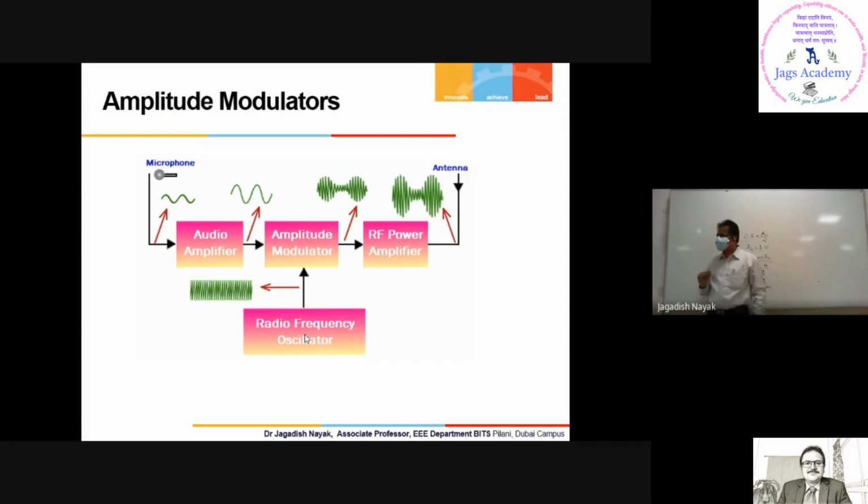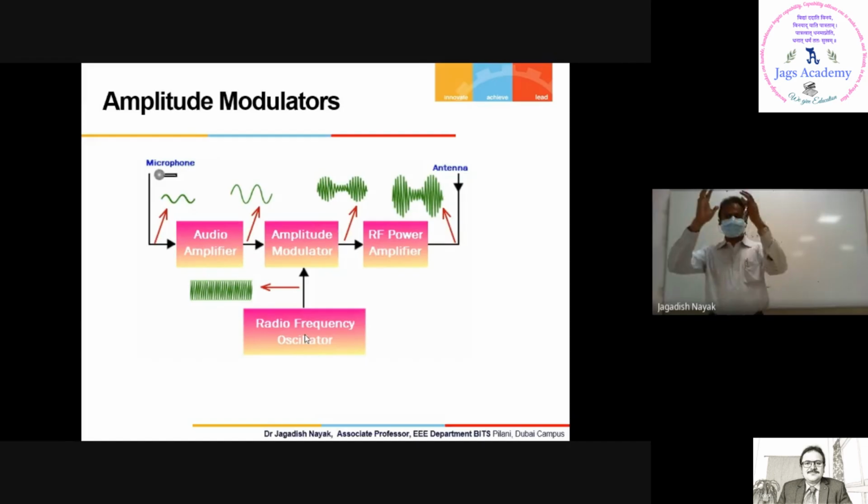What happens at high frequency and what happens at low frequency, we know. So we need to design a power amplifier which works in the radio frequency. The design is different: an amplifier working in the audio frequency is different from an amplifier working in the radio frequency. That's why RF.